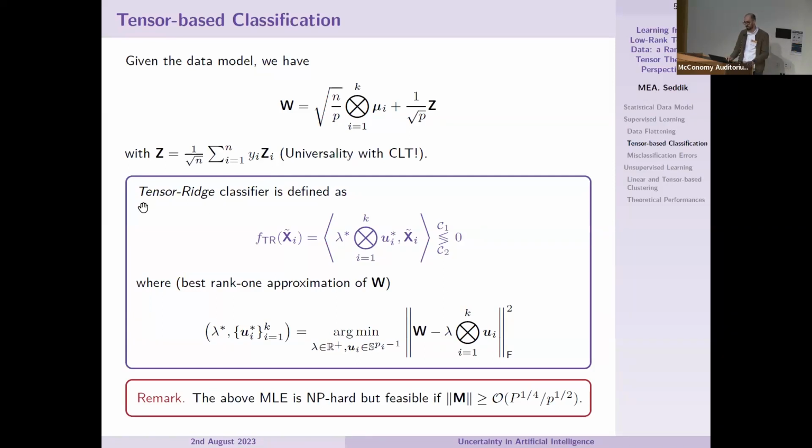In this case, we define the tensor ridge regression classifier as follows. Instead of taking W directly into the inner product, we replace W by its best rank 1 approximation.